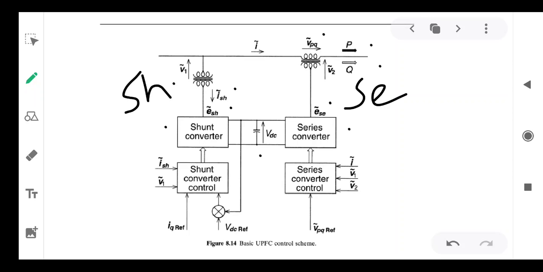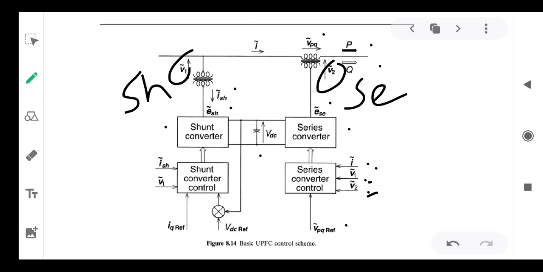Here let us understand this control circuit briefly. VPQ reference is the reference value. Generally all reference values are per unit 1.0, corresponding to the rated values. The actual voltages V1 and V2 are taken to the series converter controller.